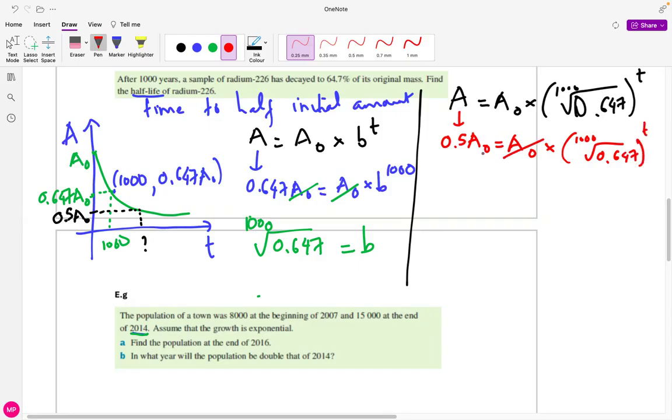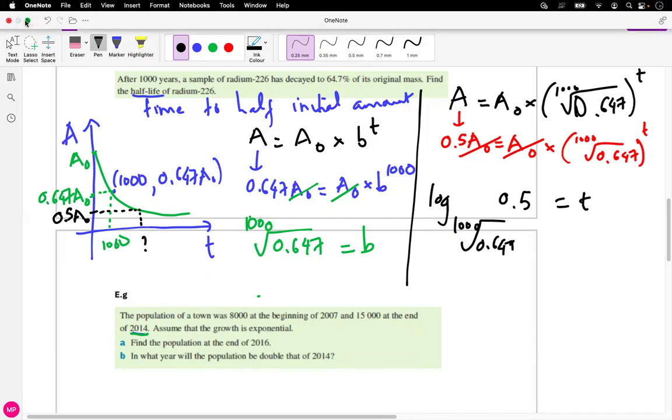So we have A0, we cancel on both sides. Okay. Then to solve for t, you just need to log of whatever the number here to the other side. So you do log base the 1,000th root of 0.647 of 0.5, and that will give you t.